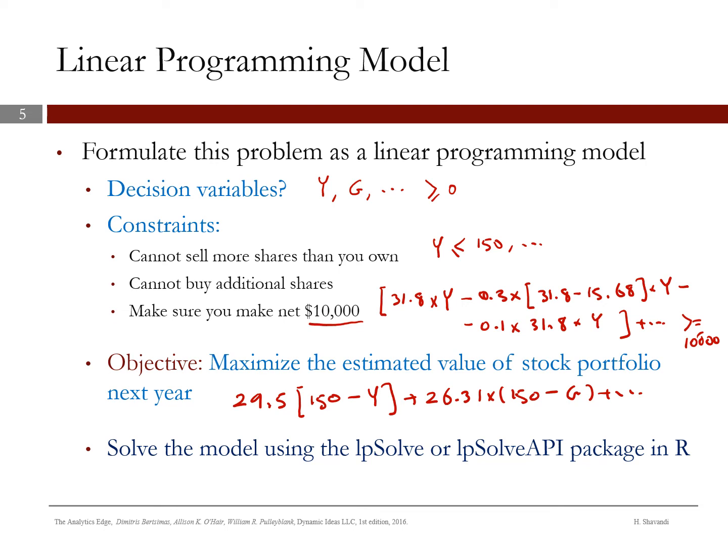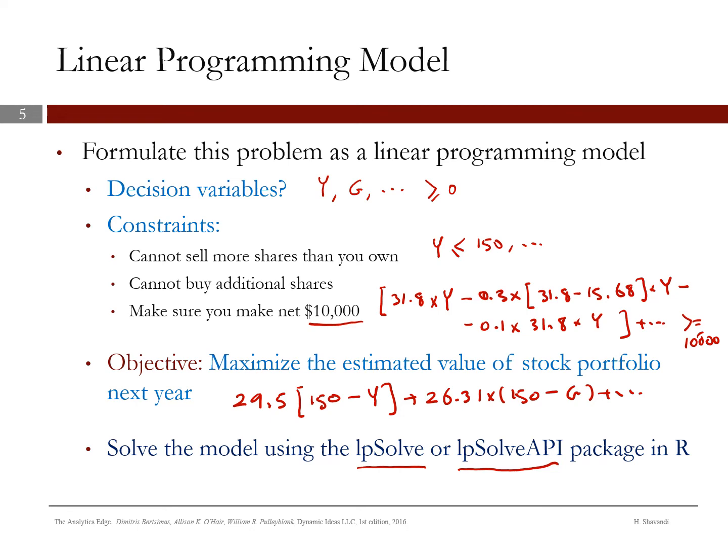So now we have formed our linear programming model. I will have the complete model in the lecture session. Okay, and then we can implement this model in the lpSolve or lpSolveAPI package in R and can obtain the optimal solution.